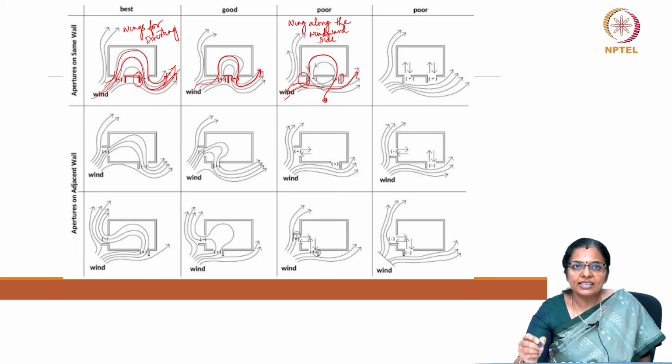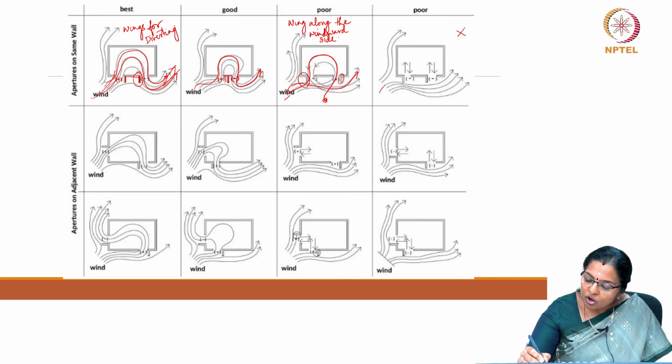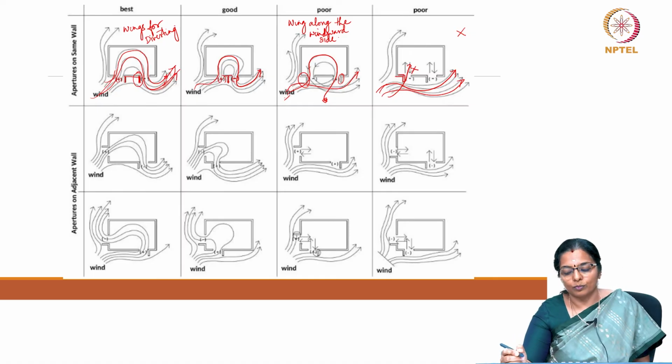And for that same reason, this is also a very poor design, because having a wing along the breeze direction is actually diverting the breeze away, and it is not encouraging the breeze to enter the room.